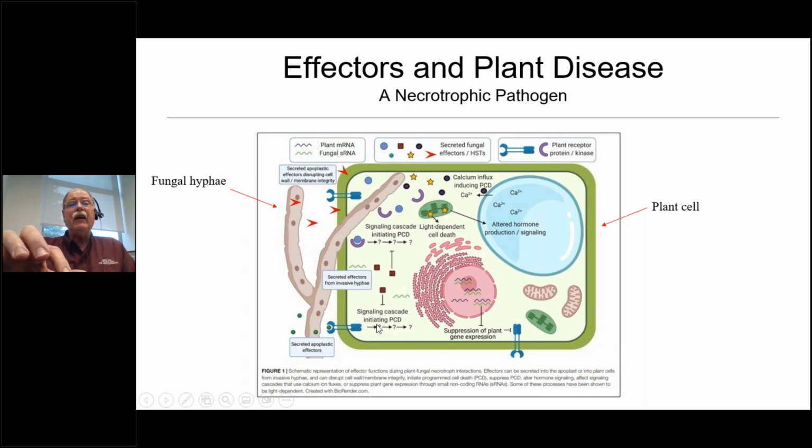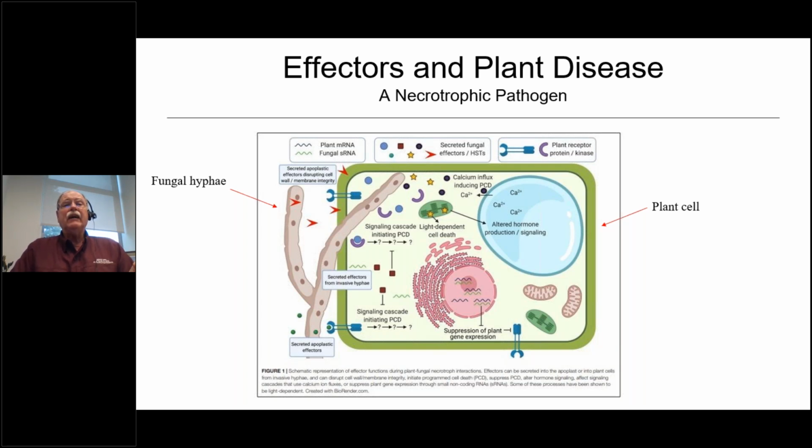So now the plant cell knows that the fungus is out there and trying to gain entrance. And all of a sudden, it's going to start producing all kinds of RNA molecules to tell the nucleus over here that we're in trouble and we've got to kick into a defensive mode, which at this point the host cell is going to start producing different kinds of compounds that will be antifungal, natural compounds that the host has.